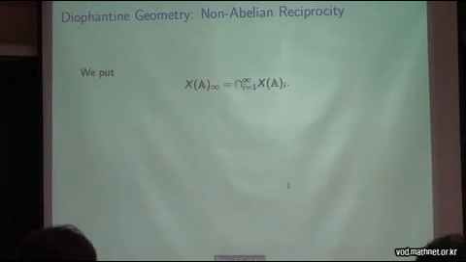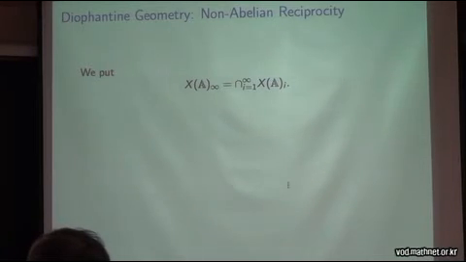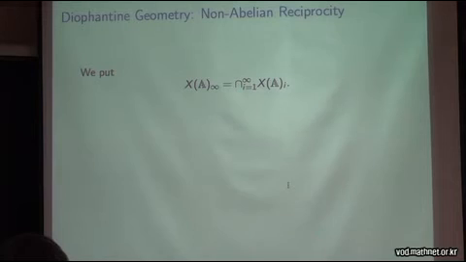Suppose I denote by X A sub infinity the intersection of all these kernels as I run over all the i. This is the analog of the kernel of the reciprocity map for G_m, except here we need infinitely many of them.